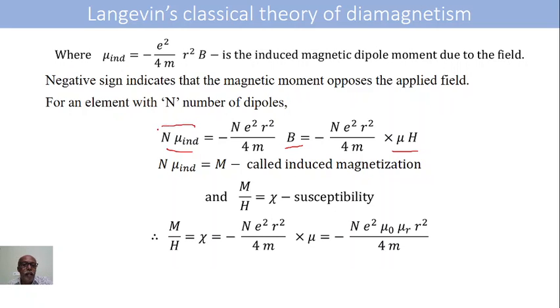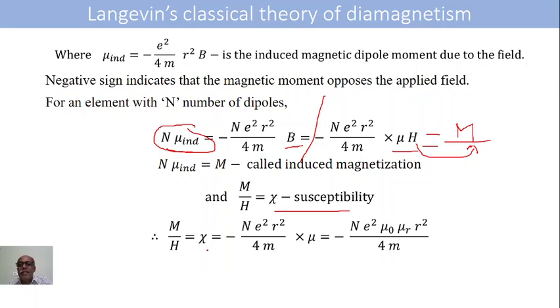Also, this n into mu induced will be equal to M, where M is called the induced magnetization. But M by H is called susceptibility, represented by chi.